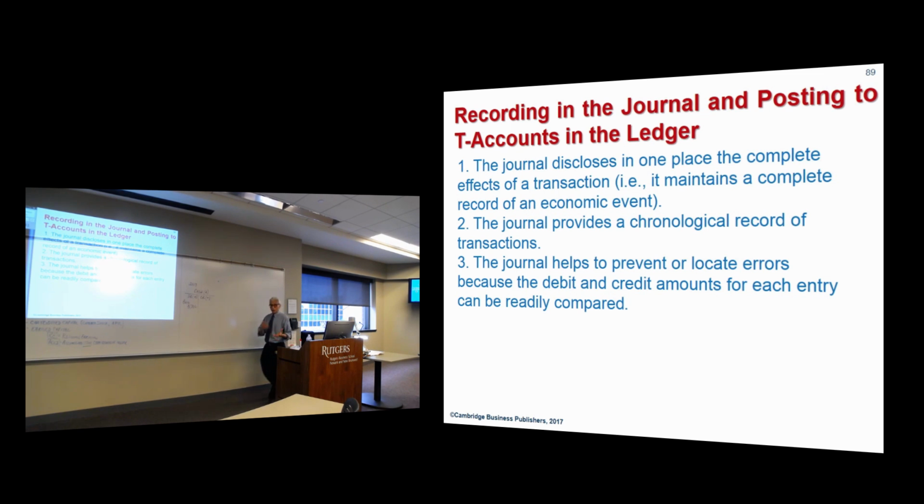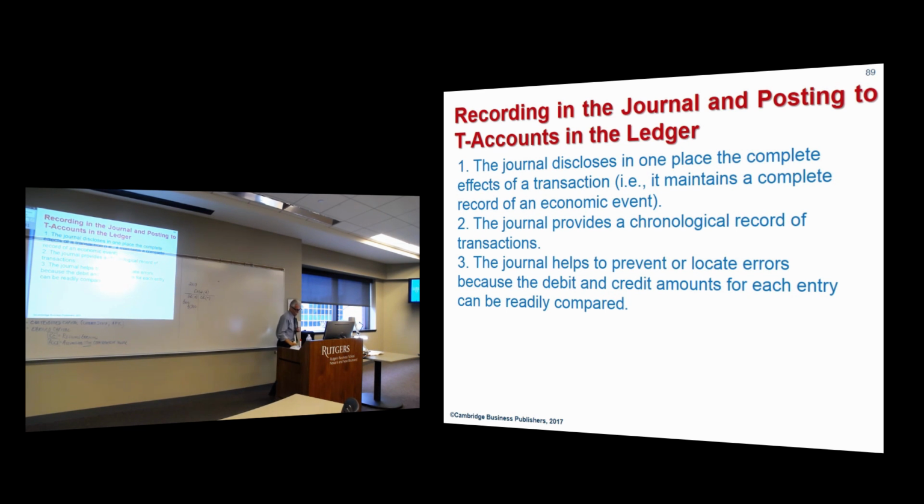If your books don't balance, you can go back to the original transaction, and you'd understand whether you have a debit that doesn't equal a credit or something like that. Or you might have used the wrong account. So let's say you've got a transaction that says paid wages, and you see a debit to prepaid rent and a credit to cash. It's a mistake. And you'd find that out right away by looking at the general journal.